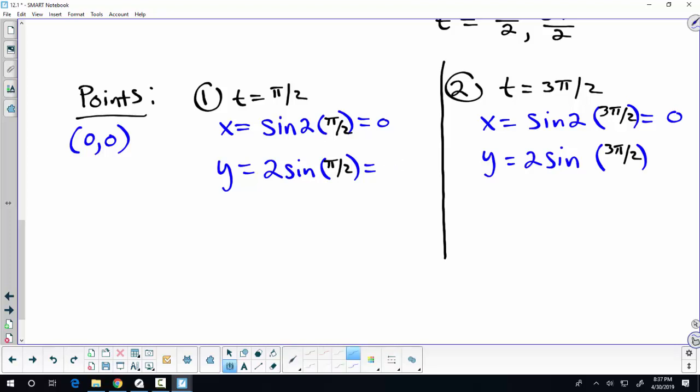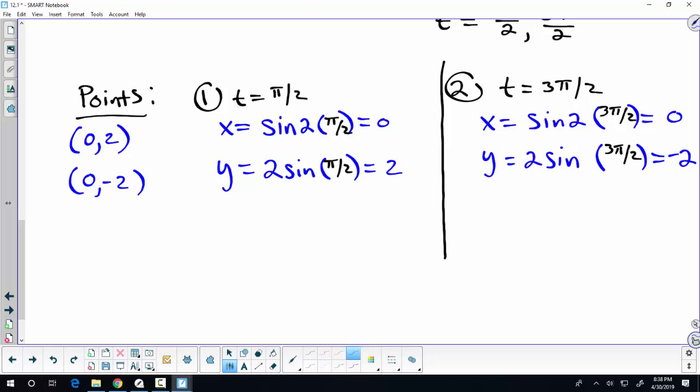So 0, 2. And then for t equals 3 pi over 2, sine of 3 pi is 0, and y is negative 2. So 0, negative 2. Okay. So 0, 2, and 0, negative 2. I think we'll stop there.